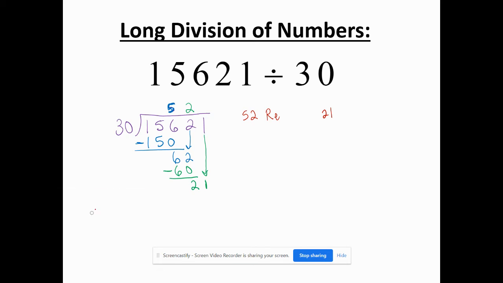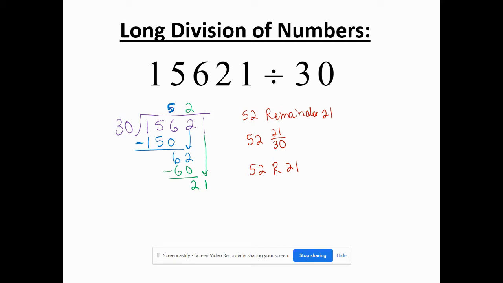And you would kind of be done. Now I know as you went up in elementary school, you might have said that this is 52 and 21 30ths. That was another way you would talk about the remainder. For what we're doing with polynomials, I'm going to be okay if you did 52 remainder 21, and remainder can be abbreviated with the R.